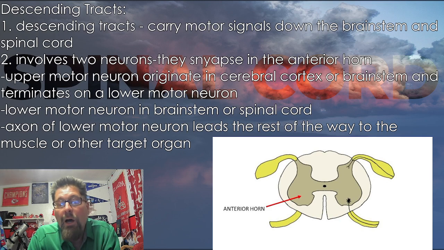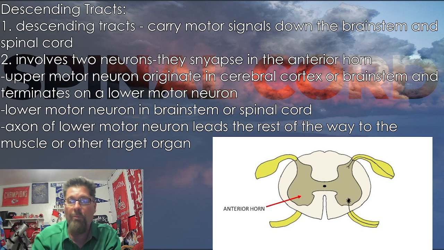But anyway, two neurons are involved in this process, and they synapse, as it says there, in the anterior horn. I include this diagram just to remind you where the anterior horn is. Remember looking at the cross section of the spinal cord like you're looking down onto the vertebrae.